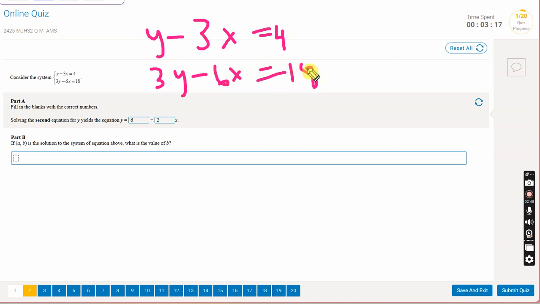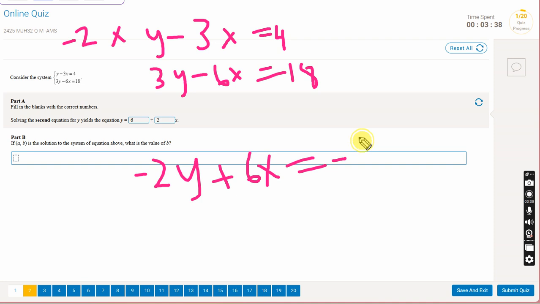Now here, remember, what are you doing? You're going to multiply here by minus 2, so this one becomes positive. You can also multiply below by something, but 3 times 2 will give you 6, so we'll just do with that. So minus 2y plus 6x equals minus 8.